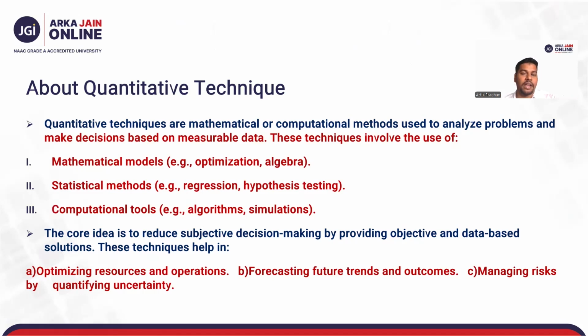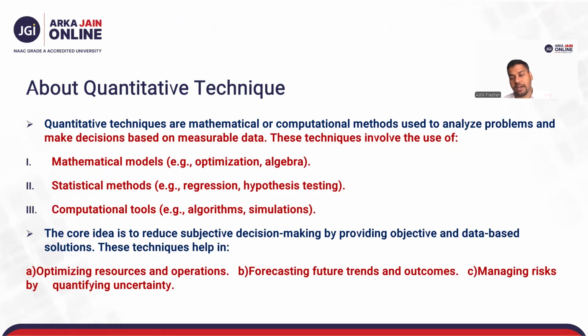Some of them can be considered as quantitative techniques that can be used for analyzing the data. The core idea is to what? Reduce subjective decision making by providing objective and data-based solutions. These techniques help in optimizing resources and operations, forecasting future trends and outcomes, and managing risk by quantifying uncertainty.